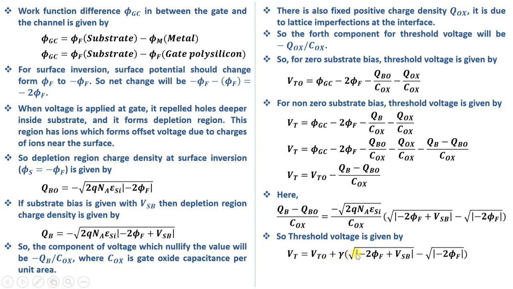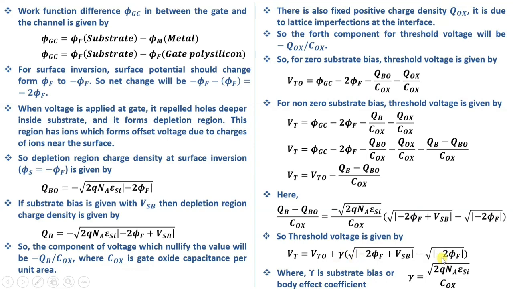So VTO plus gamma into this term, where gamma is even referred to as the substrate bias or body effect coefficient, where gamma is square root of 2QNA epsilon SI divided by COX. So this is the basic formula which is useful for solving examples, and based on these four parameters we can derive the threshold voltage as VT equal to VTO plus gamma into this term.